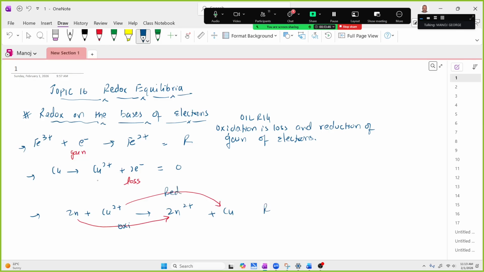So this obviously is an example of a redox reaction where the oxidation and reduction are both happening at the same time. Now, a very important concept.